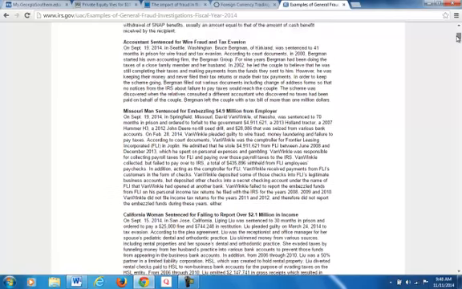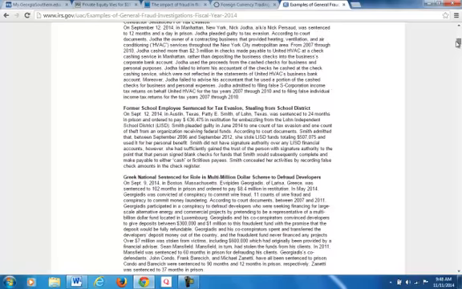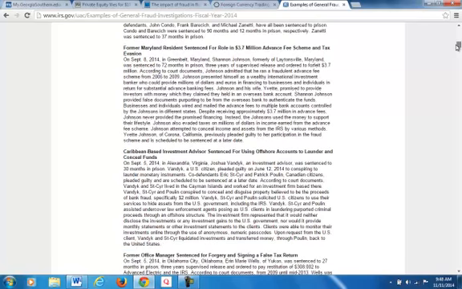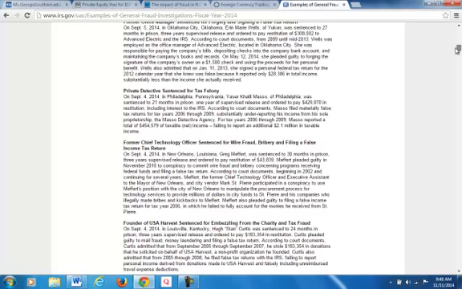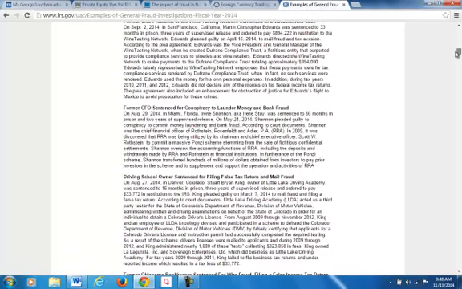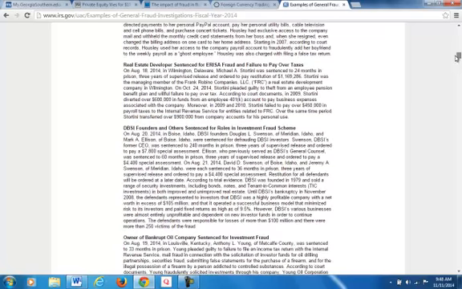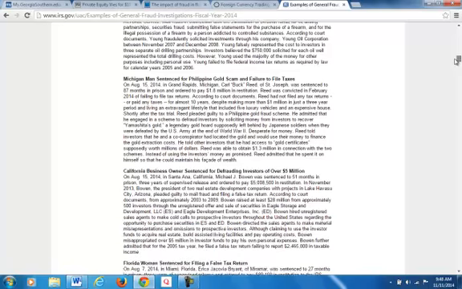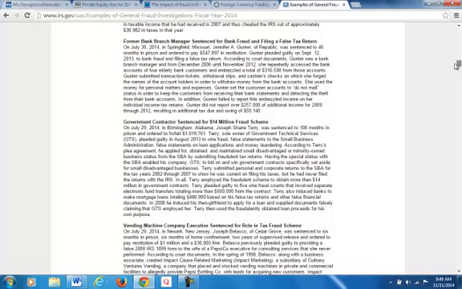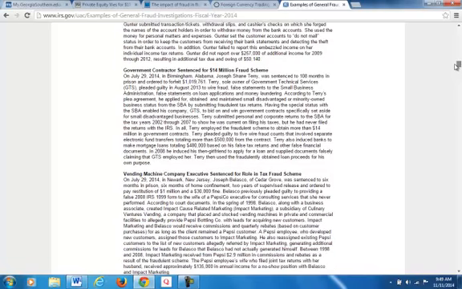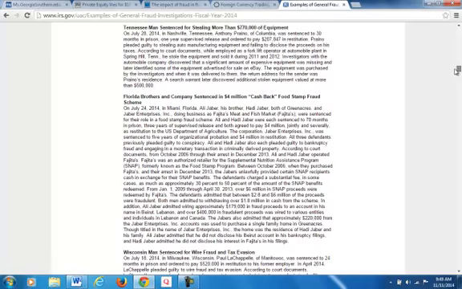So I'm searching for foreign currency fraud. I don't see anything right off. I see a lot of tax evasion and money laundering, but nothing specifically related to foreign currency fraud.